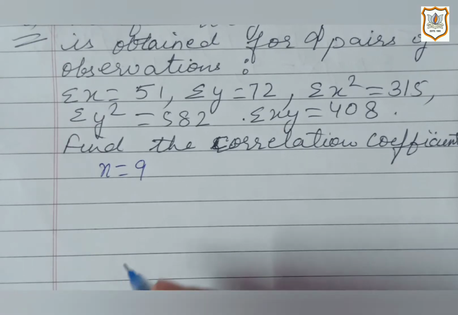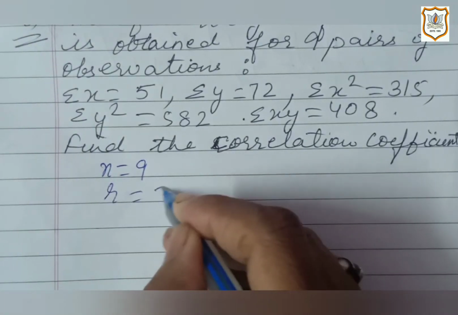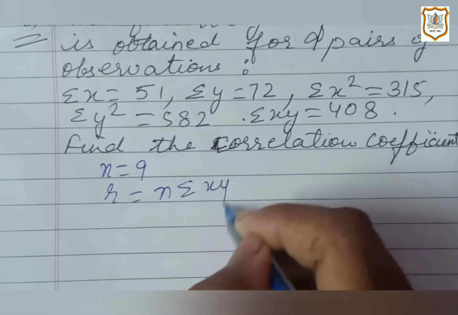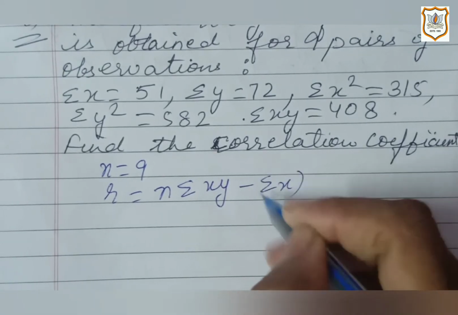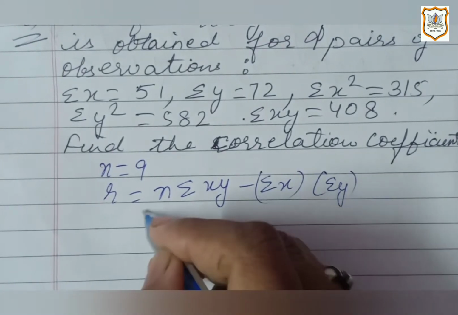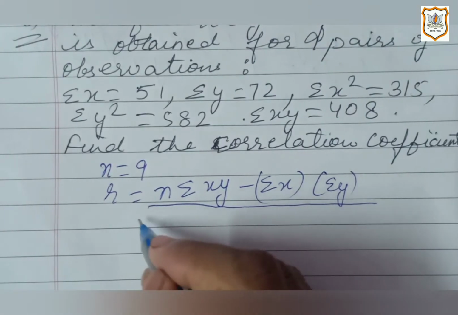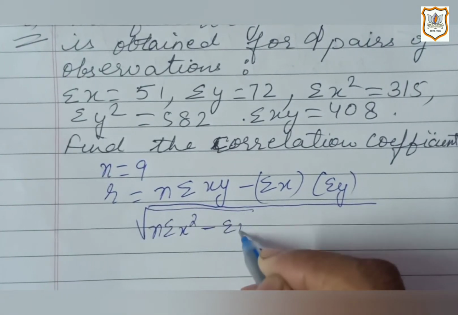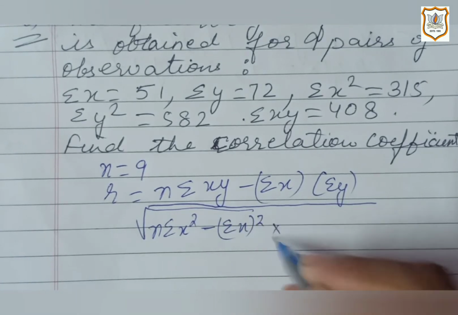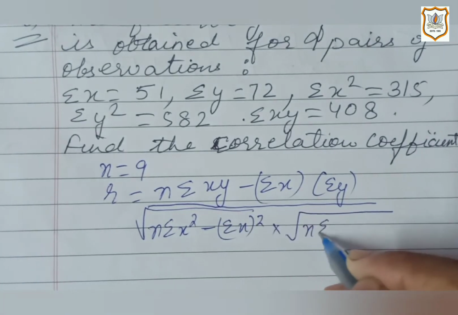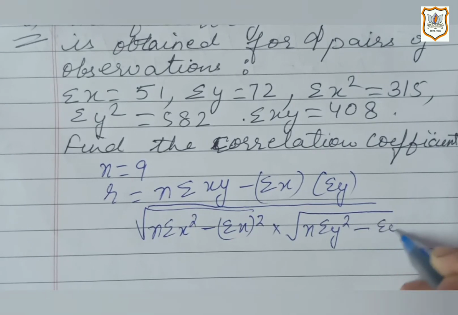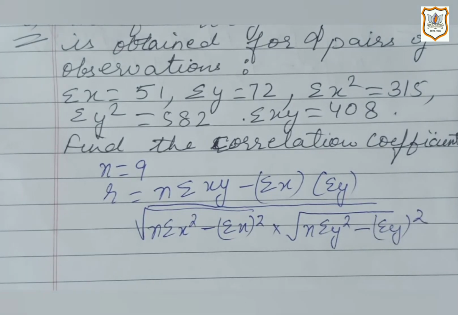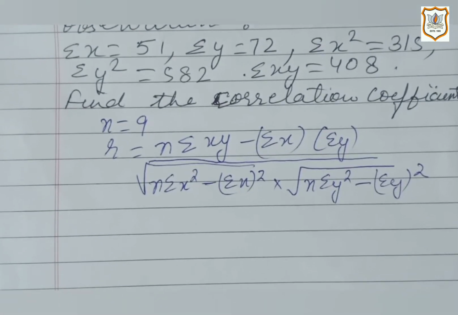Now you know the formula for R. R is equal to n sigma xy minus sigma x into sigma y upon under root of n sigma x square minus sigma x the whole square, into under root of n sigma y square minus sigma y the whole square. Now just substitute the values.